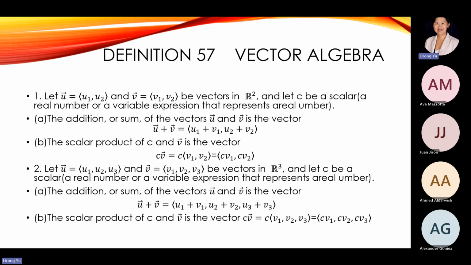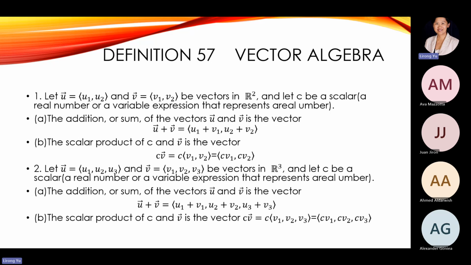It's called a scalar product because the vector is multiplied by a number. This number scales the vector. If c is bigger than one, it causes the vector to be longer. If c is less than one, cv will cause the vector to be smaller. So c is able to scale the vector longer or smaller based on c being bigger than one or smaller than one. Now if c equals one, of course cv will be the same as v.